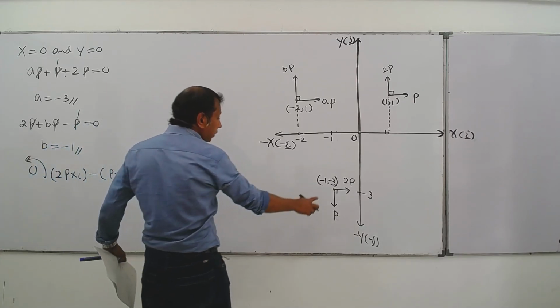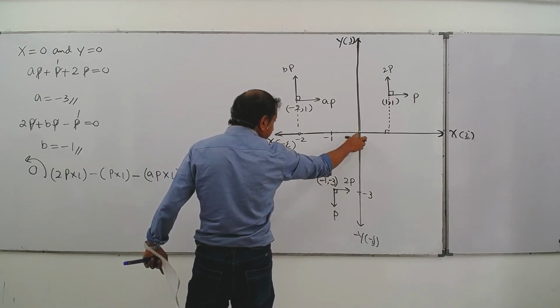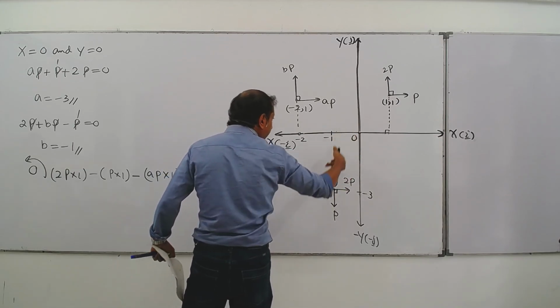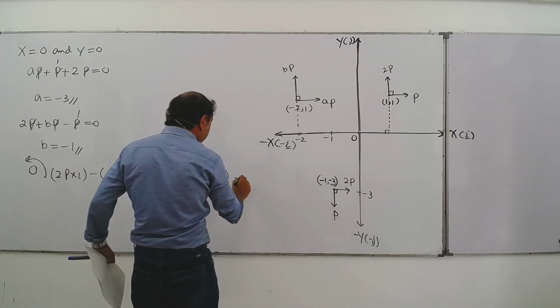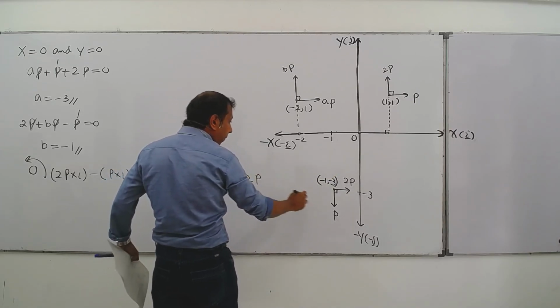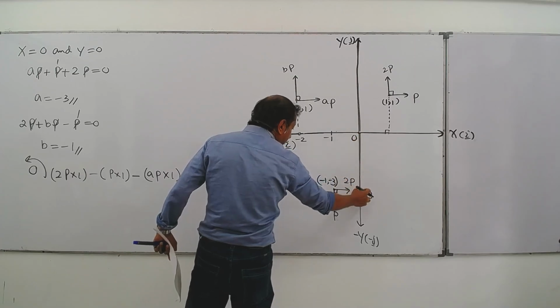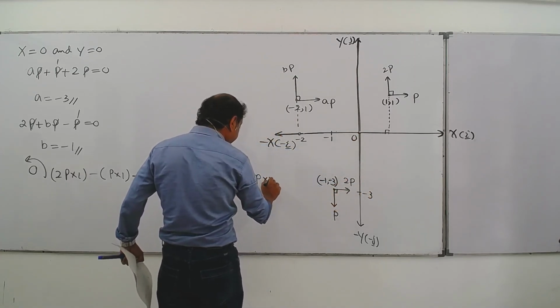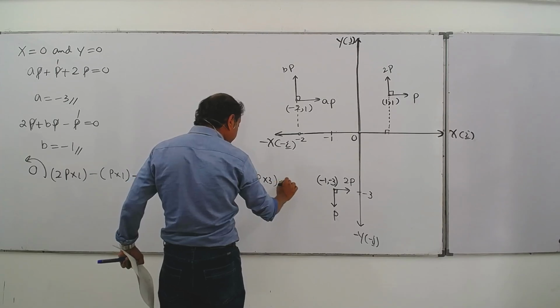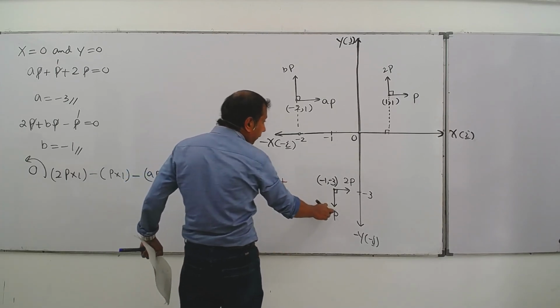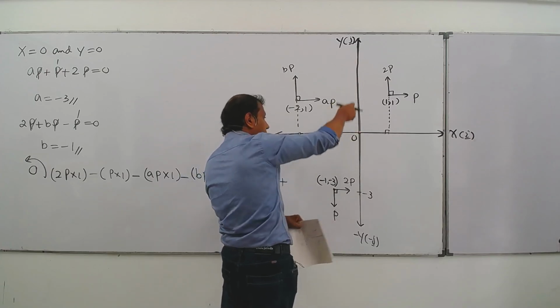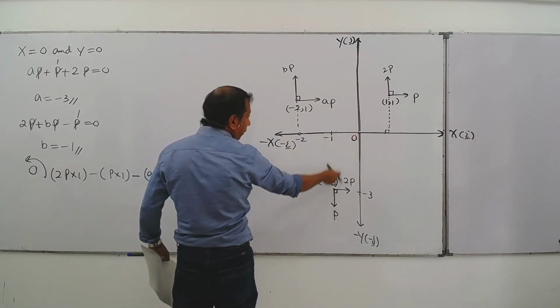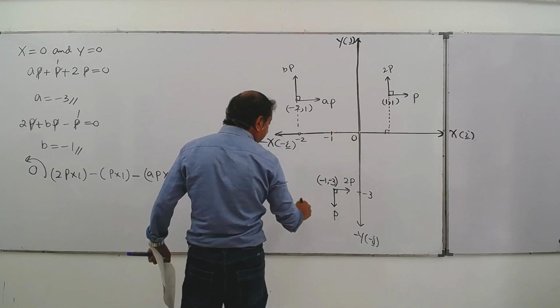And this 2P about O is an anticlockwise moment, 2P. This is the y coordinate of this point, 3. By this P about O, this way, anticlockwise moment, P into this length, x coordinate 1.